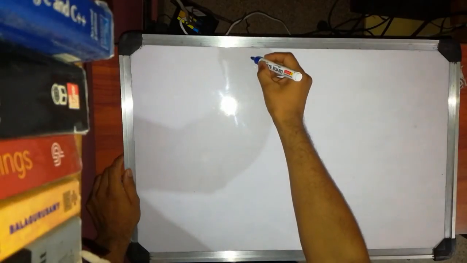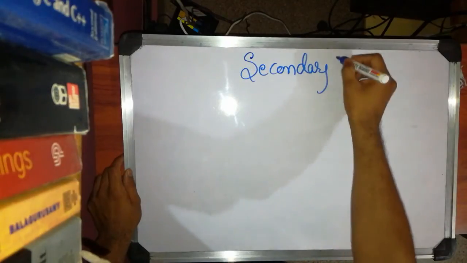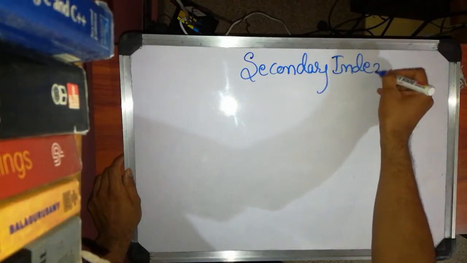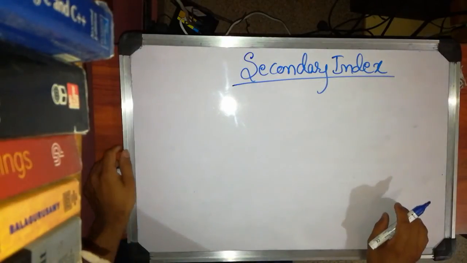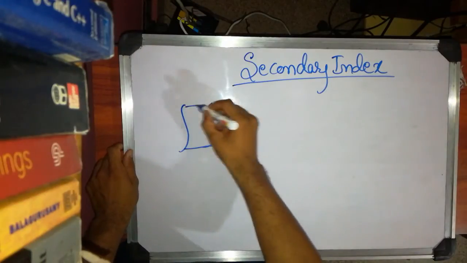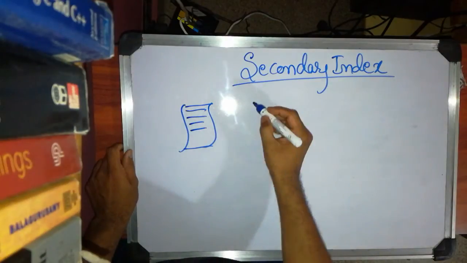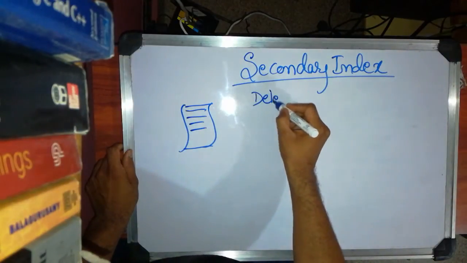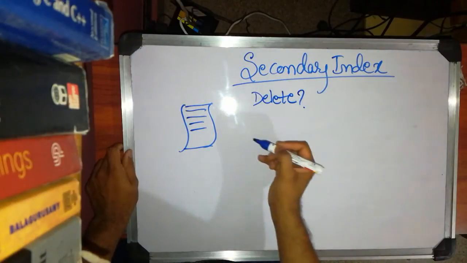In the secondary index that we are going to build, if we try to delete a particular entry, we saw that there will be a file in which all the records are there, and we know how we are going to delete a record, right? This is something which we have already seen. So how to delete?